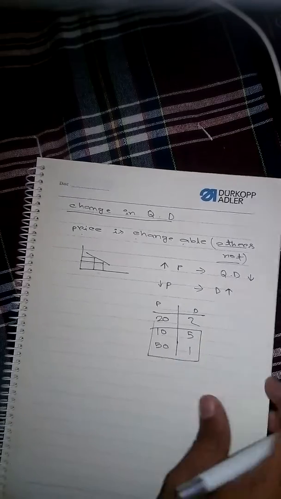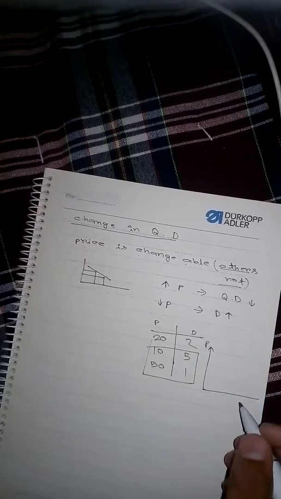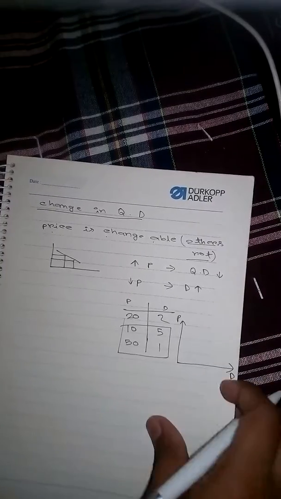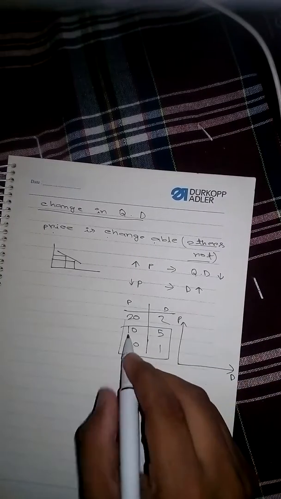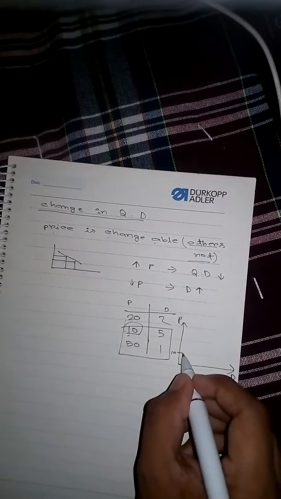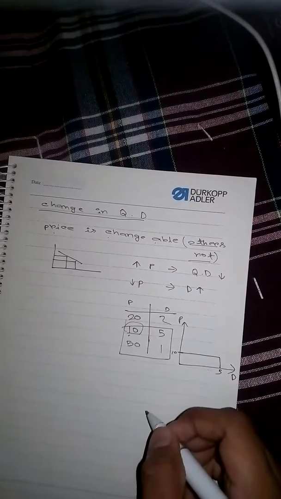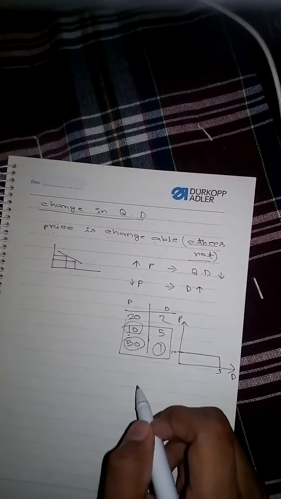From those we can say that if we have a graph, this denotes price and this denotes demand. If the price is 10, then the demand is 5, and if the price is 50, the demand is 1.